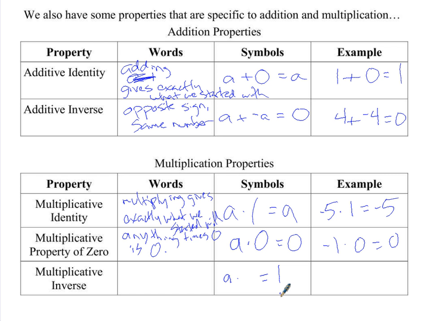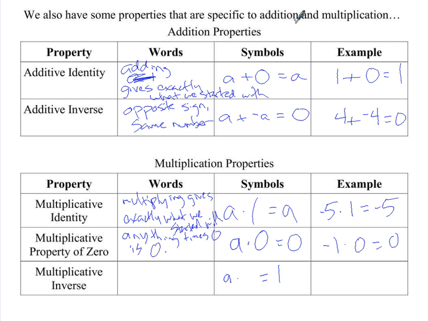A times 1 is A, not 1. A times itself is A squared. Still not 1. A times 0 is 0. Still not 1. Let me pick a number here. See, I'm going to try to help you guys out.